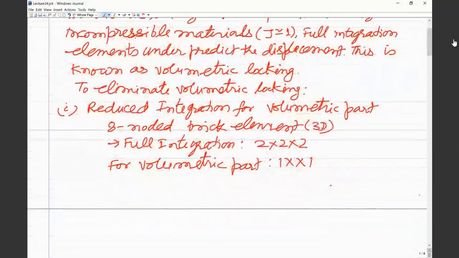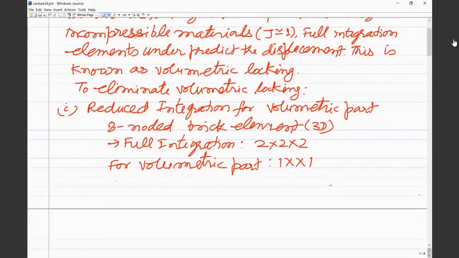So that is one way. Now if you have a 20-noded brick element, full integration might be 3 by 3 by 3 or 4 by 4 by 4, and then you use 2 by 2 by 2 integration for the volumetric part, so it eliminates the volumetric locking. Sometimes there can be spurious modes.